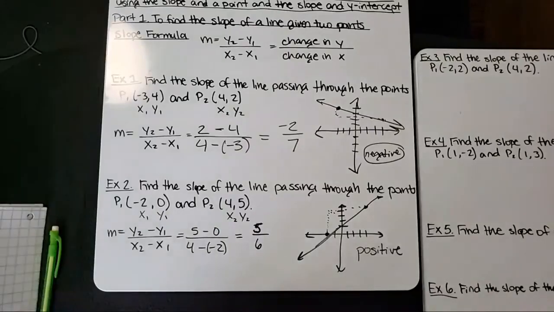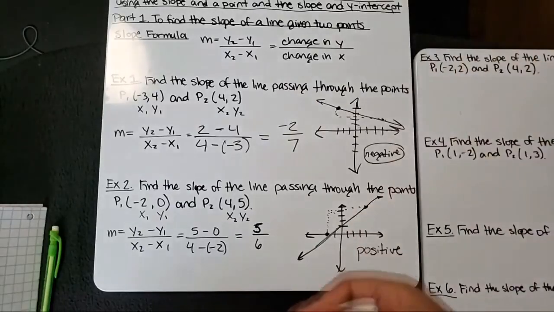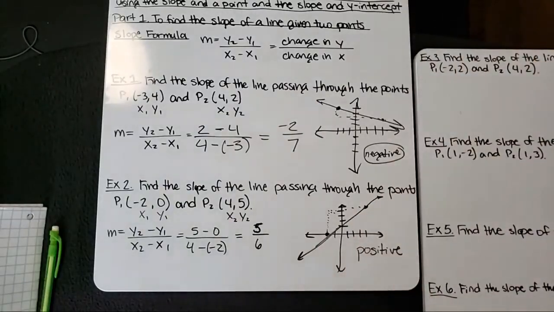So that's how we can use the change in y over the change in x to find our way to our next point if we already have a point and the slope. That's something we're going to be working on today as well in a couple examples.